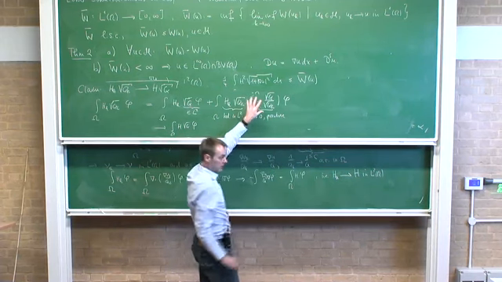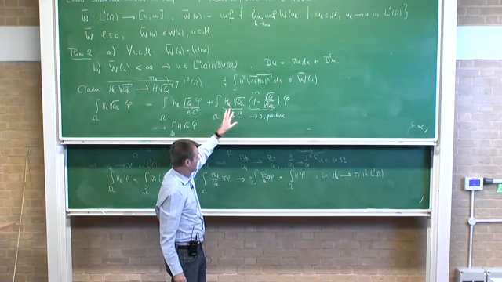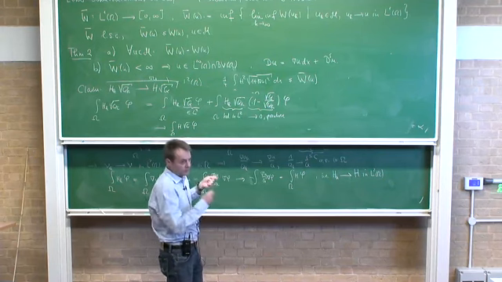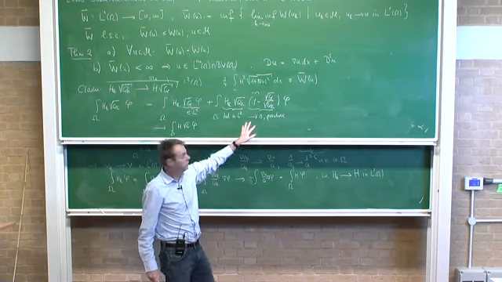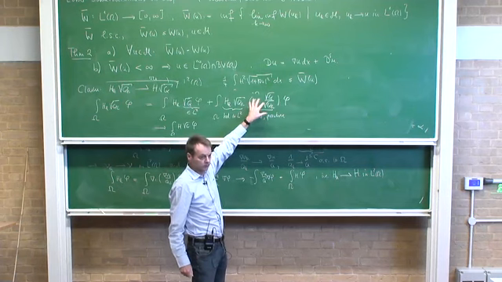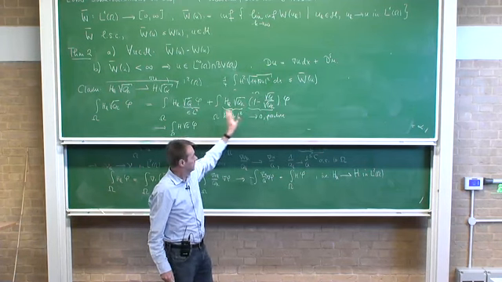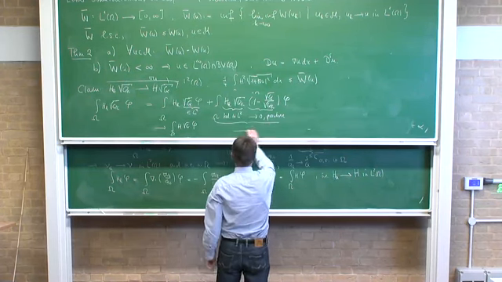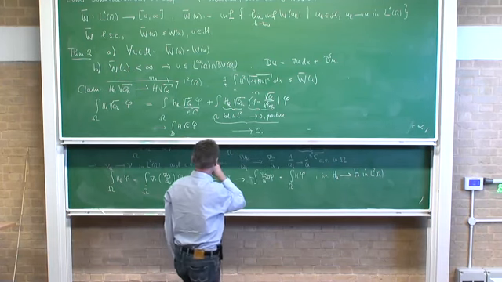But you also have a bound. You can use Lebesgue's dominated convergence theorem within L2. So if you take the L2 norm of this expression here, it's bounded uniformly in k. And then this means that this term goes to 0 as k goes to infinity.